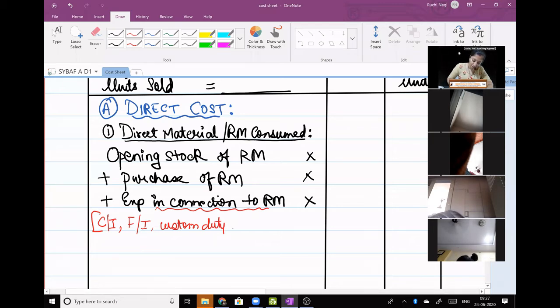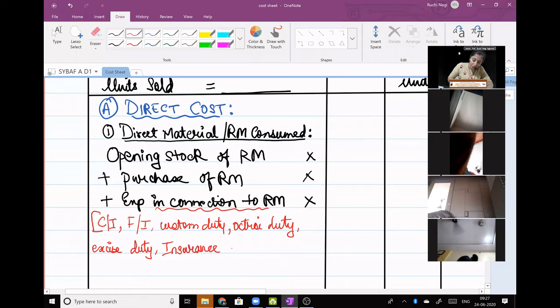Custom duty, octroi duty, excise duty, insurance on raw material.